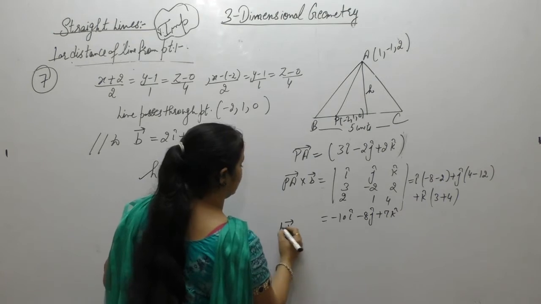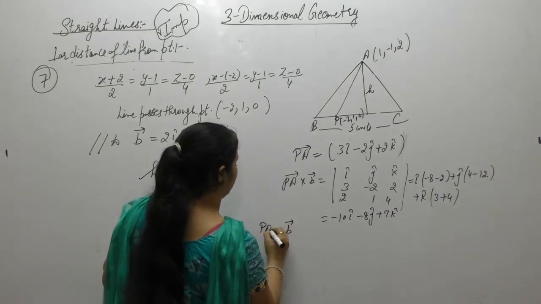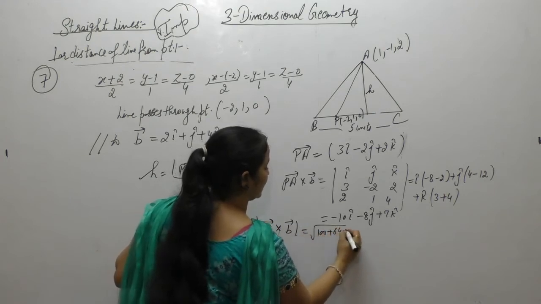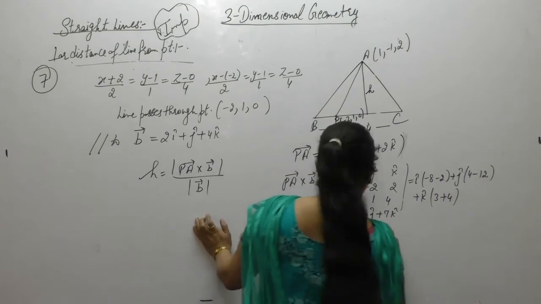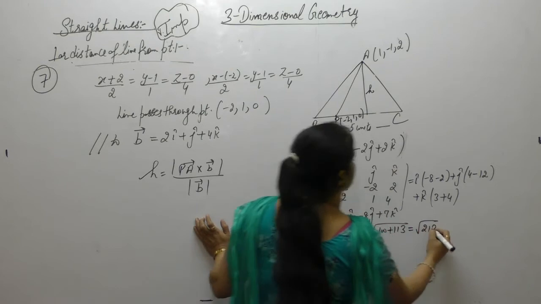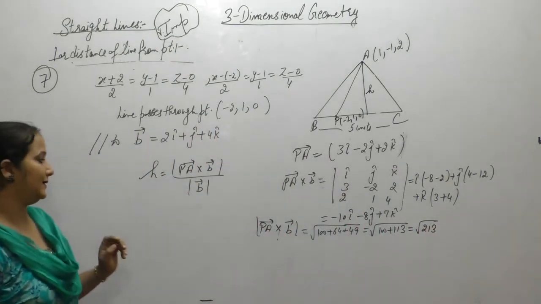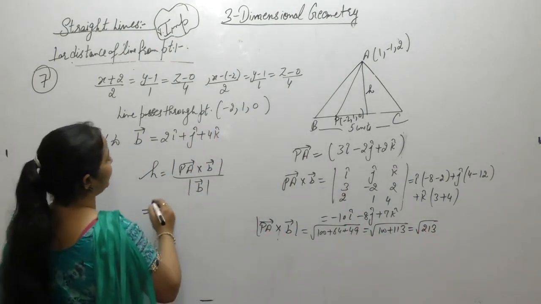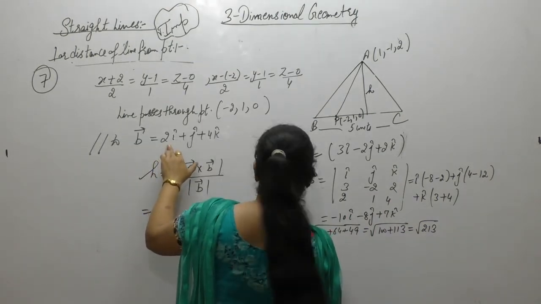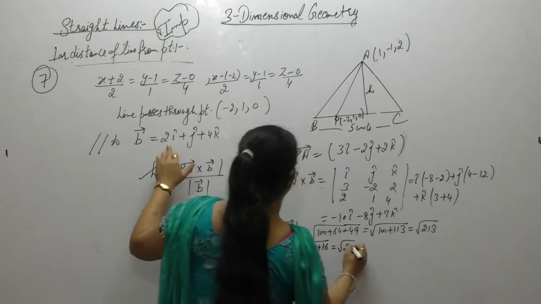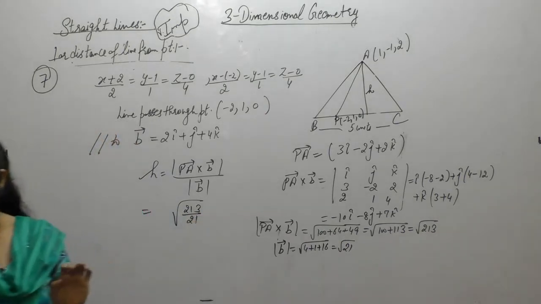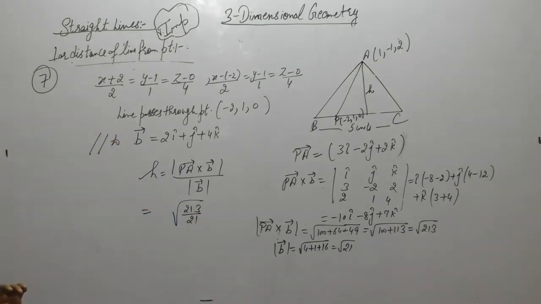Now the magnitude of this PA cross B vector is square root of 213. Now magnitude of B vector has value 2 square, 1 square, 4 square, 21. So we get this as square root of 213 upon 21.